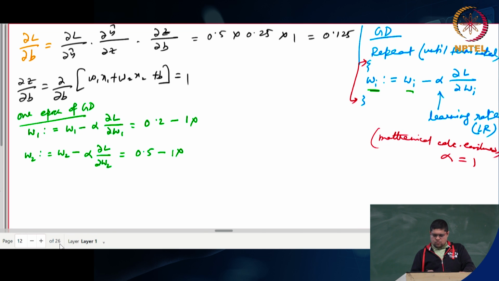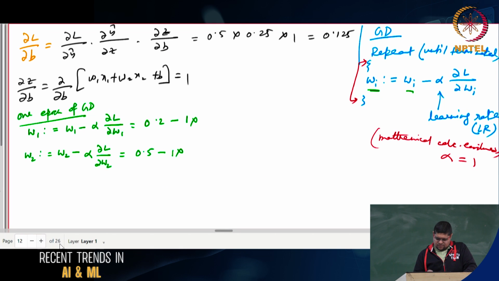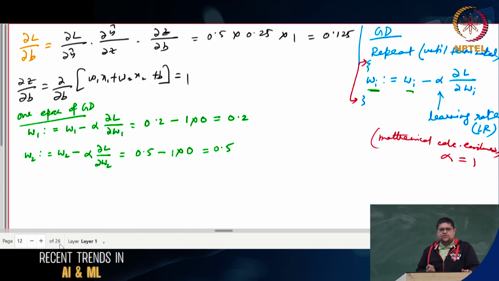Del L by del W1 was 0, and del L by del W2 was 0. So there is no change in W1 and W2. That's why I told you our savior will be the bias. So from this you can understand the requirement of the bias, right? Sometimes, not always.